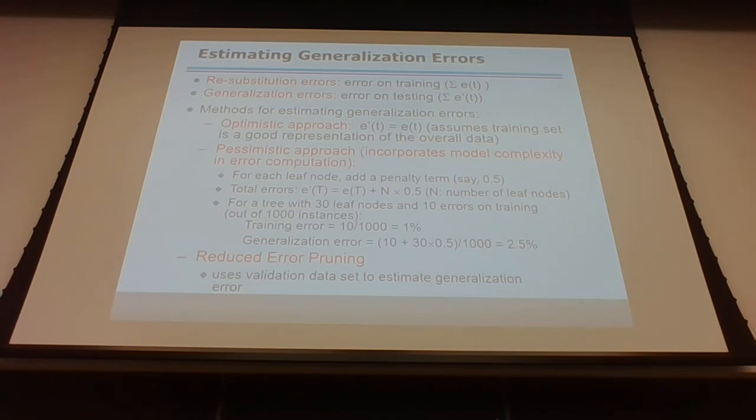So now we come to the estimation of generalization error. From the knowledge that we have to include model complexity in whatever evaluation we do, let's discuss how I get the generalization error. Now the thing is, generalization error has to be evaluated on the test set, not on the training set.